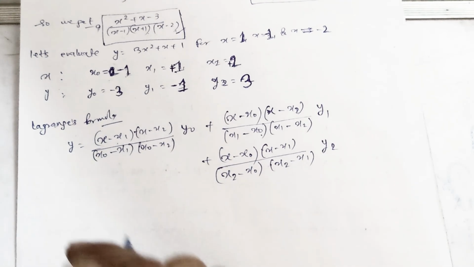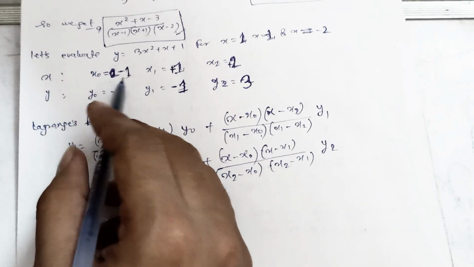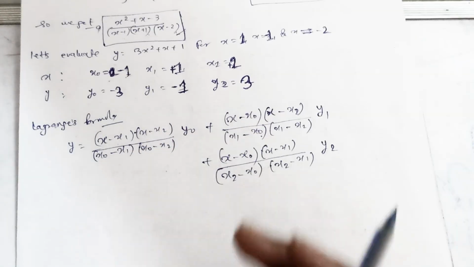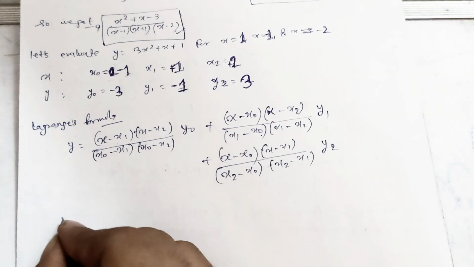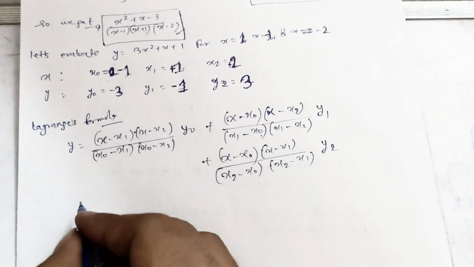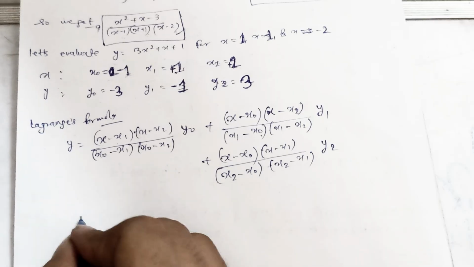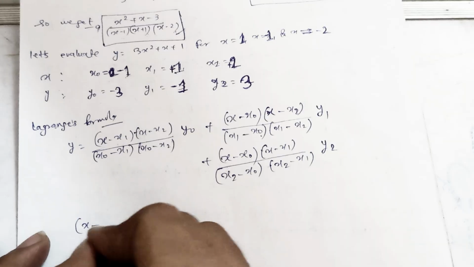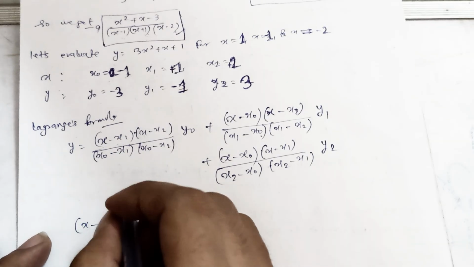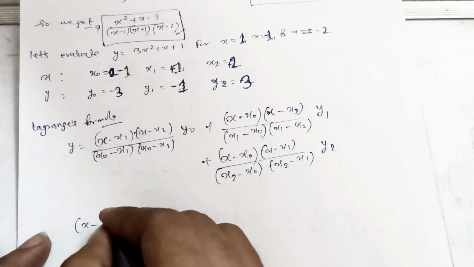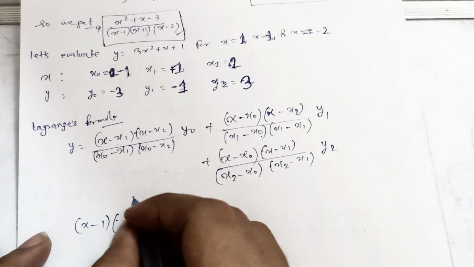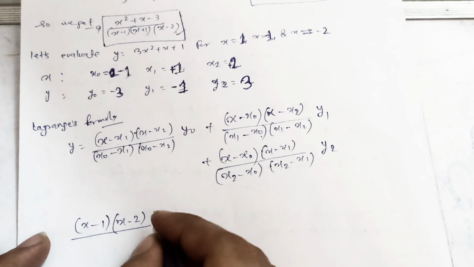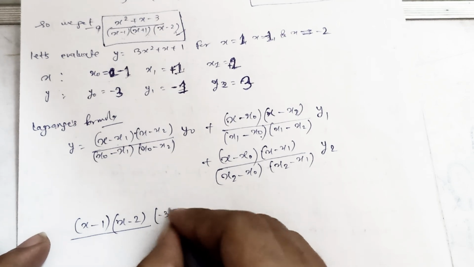Now we need to substitute all the values of x and y, that is x naught, x1, x2 and y naught, y1, y2. So now I'm evaluating it. First, x − x1, where x1 is +1, so (x − 1), and then x − x2, where x2 is +2, so (x − 2), and y naught is −3.